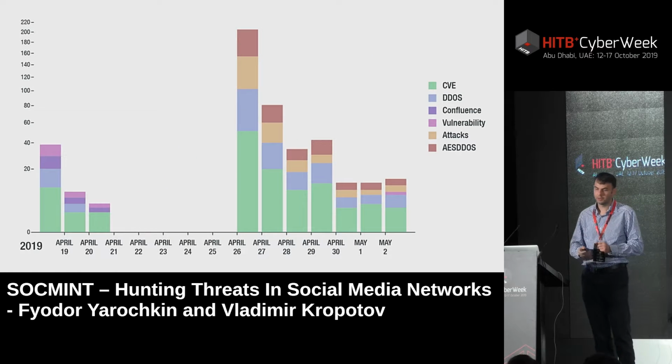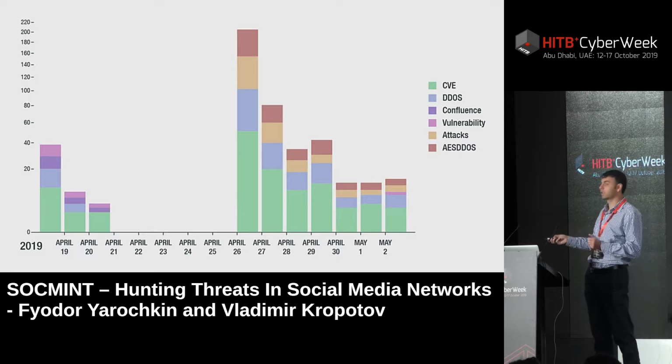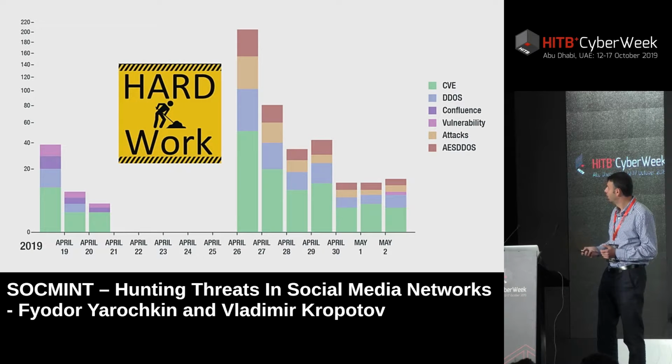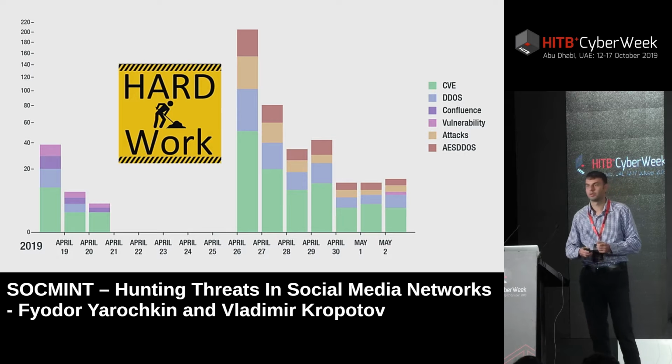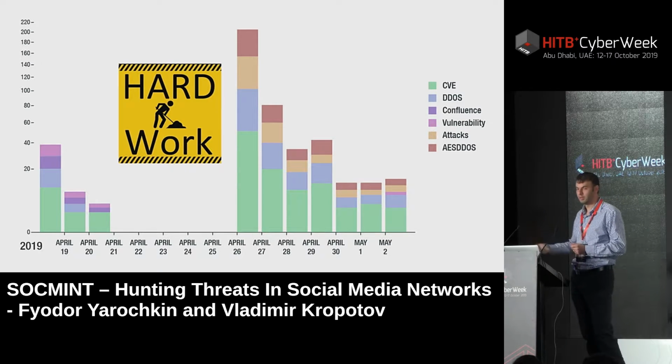If you filter some words, you can see that at the beginning it's just discussion of the vulnerability, and then this is the active phase of attacks. And what happened here? I think this was the hard work of criminals to weaponize this vulnerability and use it.